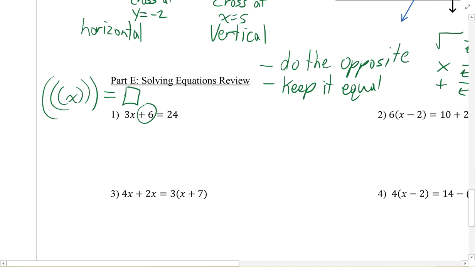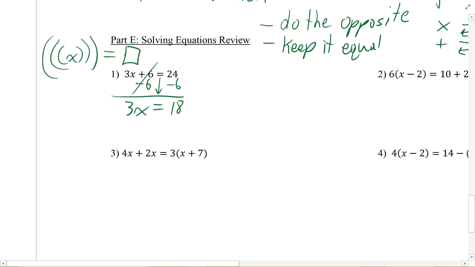So everything must go on the left. And it's the opposite of adding, so we want to get rid of the adding by subtracting. And these cancel out. 3x equals 18. Always line up your equal sign. Now that's 3 times x, so the opposite is divide by 3, we keep it equal, x equals 6.